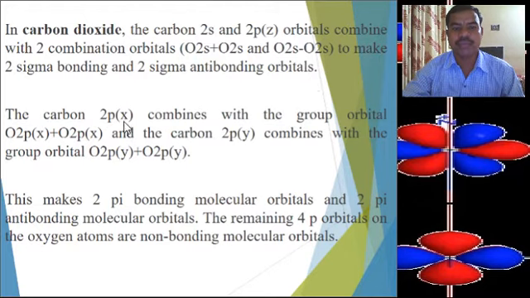The carbon 2px combines with the group orbital O2px plus O2px, and then the 2py combines with the group orbital O2py plus O2py. This makes 2 pi bonding molecular orbitals and 2 pi antibonding molecular orbitals. The remaining 4 p orbitals on the oxygen atoms are non-bonding molecular orbitals.